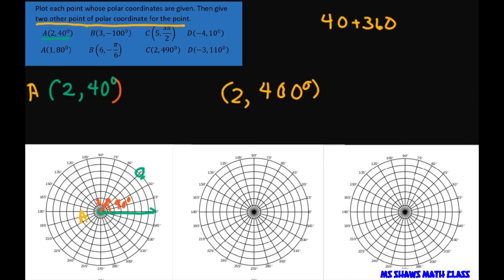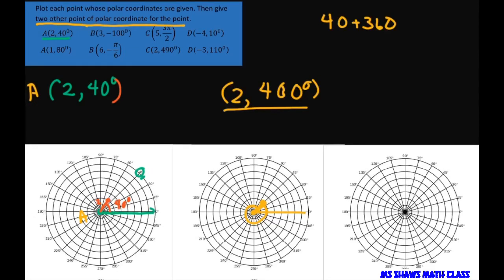So basically what you're doing is you're plotting here and you're going around twice for the rays. So you're going around twice and you're still going to get the same coordinate because it goes around twice. So here's your pole and you're going around twice and it hits at the same point. So that's the same coordinate.